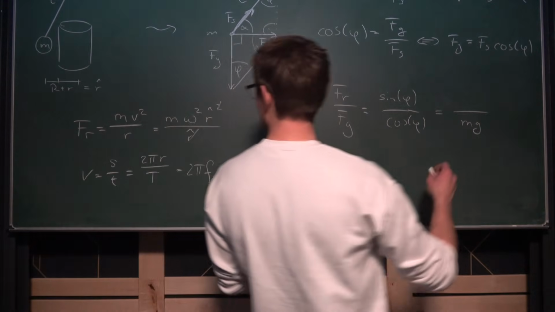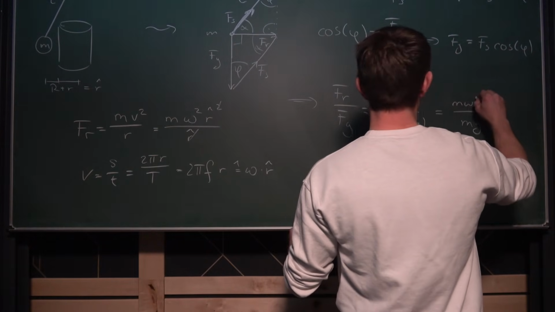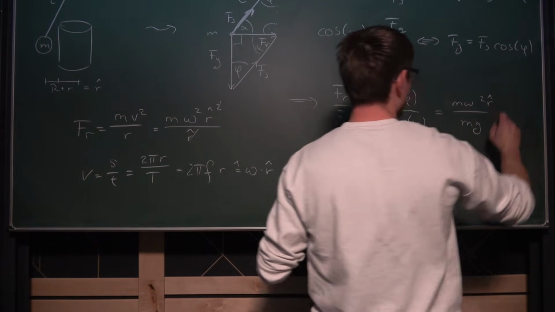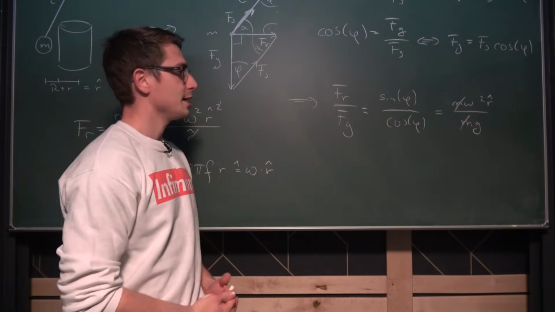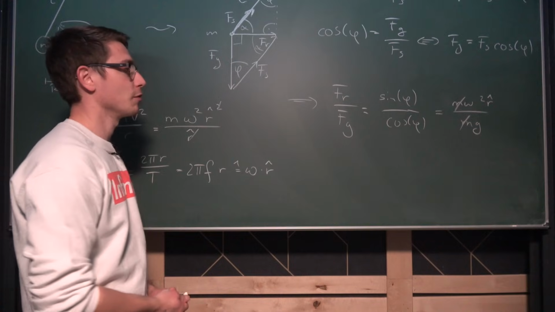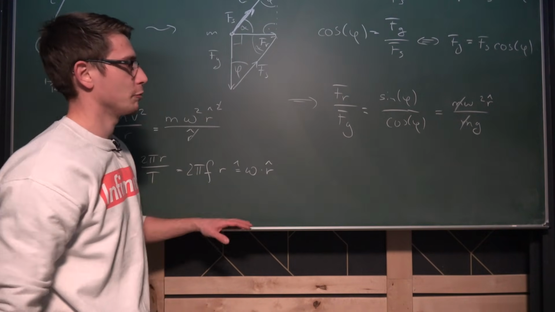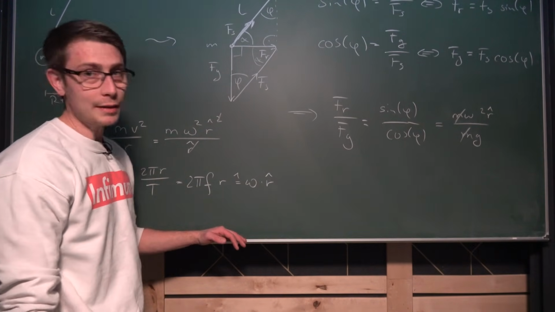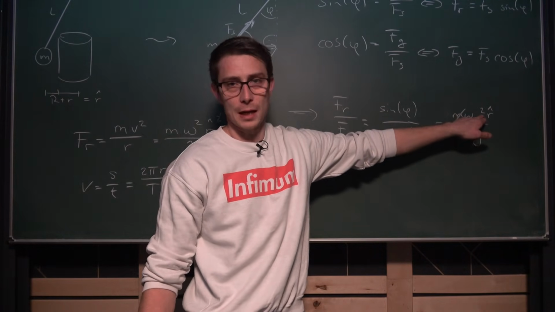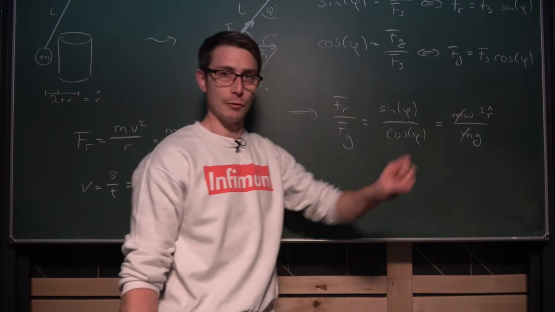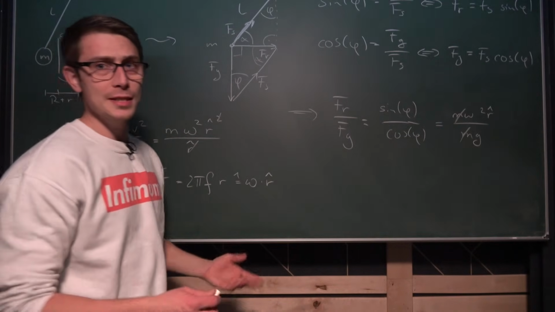Now we can plug everything in, m times omega squared times r hat, where the mass is going to cancel out as usual in those problems involving some kind of forces on a string. And this right here is what we want to solve for omega, because this is what we are looking for, the angular velocity. Now this is easy to do.